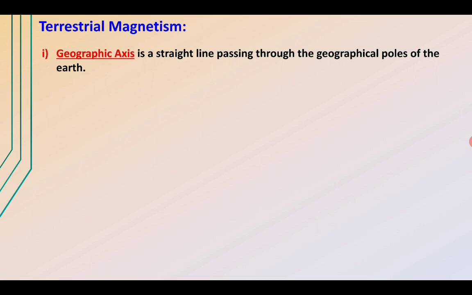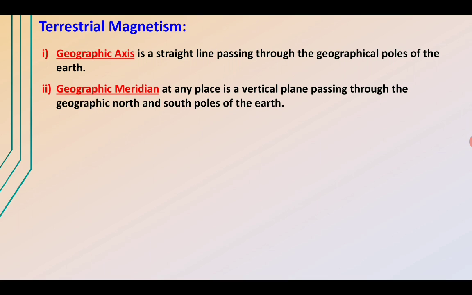Number one is the geographic axis. The geographic axis is the straight line passing through the geographical north and south pole of Earth, and it is the axis of rotation of the Earth, also known as the polar axis. Next one is the geographical meridian. This geographical meridian is the vertical plane passing through the geographical north and south pole.